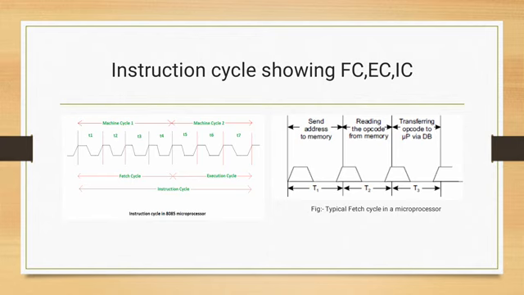Then in the second cycle, the opcode is read. It is necessary to read the opcode from the memory, which determines what kind of task could be performed. Then it will be transferred to the microprocessor via the data bus, and this happens in the third cycle, or T3 state.